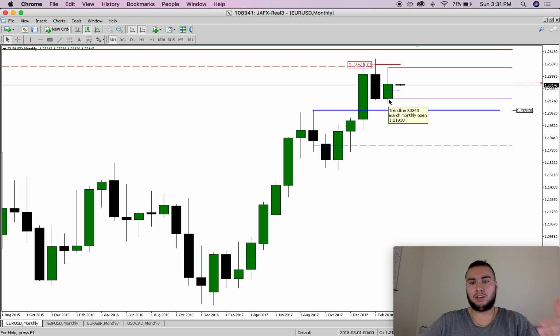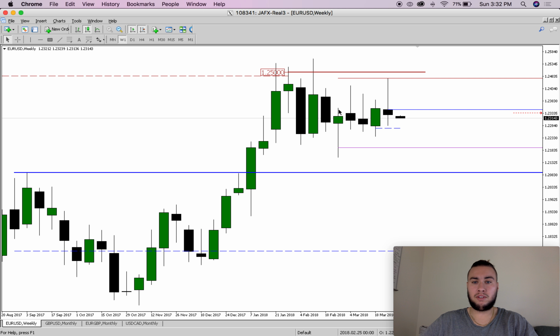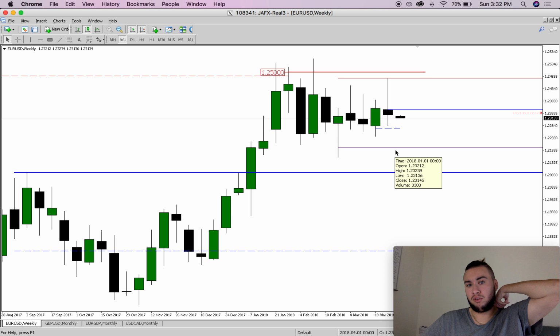So the market is bound to move soon. We don't know if that's going to be this week or next week, but the market should start moving soon because we've had really small bodied candles. And anytime we have small bodied weekly or daily candles, we expect big movements.